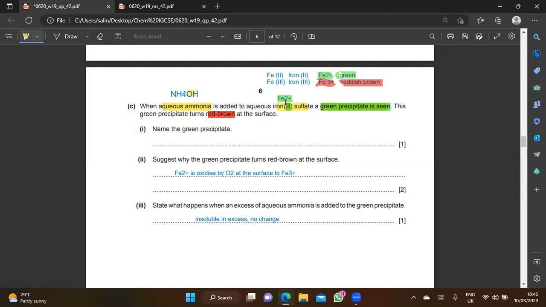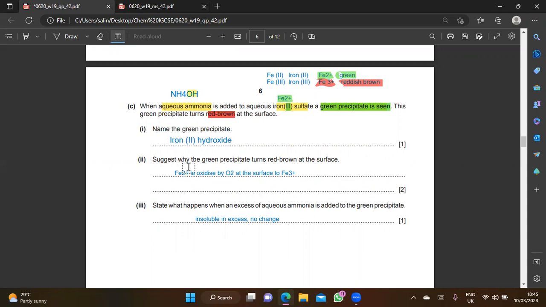The iron 2 will take the hydroxide from the ammonium hydroxide. So the green precipitate is, they say name, so the name will be iron 2 hydroxide. Don't give the symbol because they ask for the name. There you go. Iron 2 hydroxide.